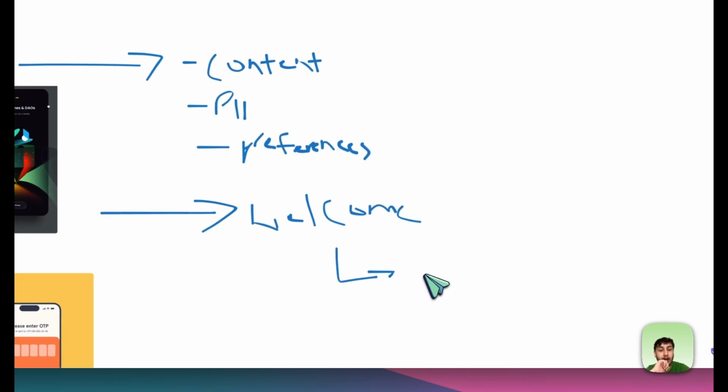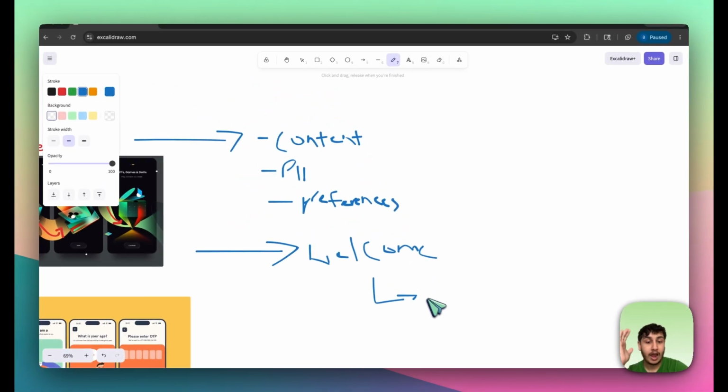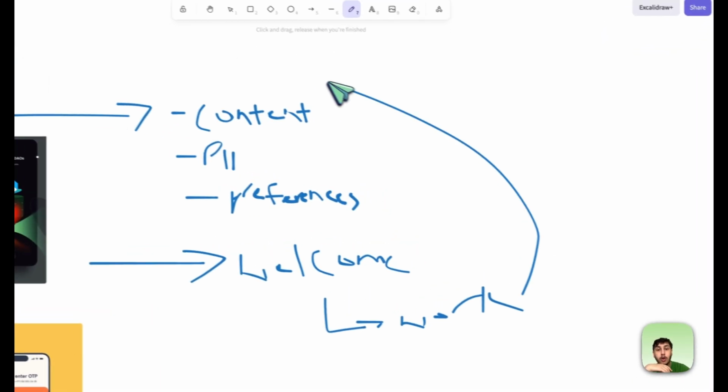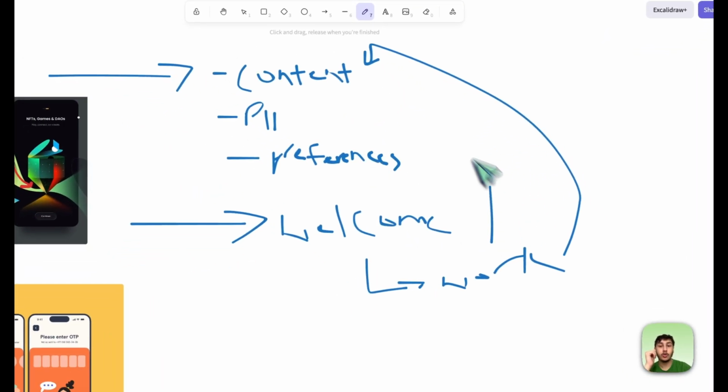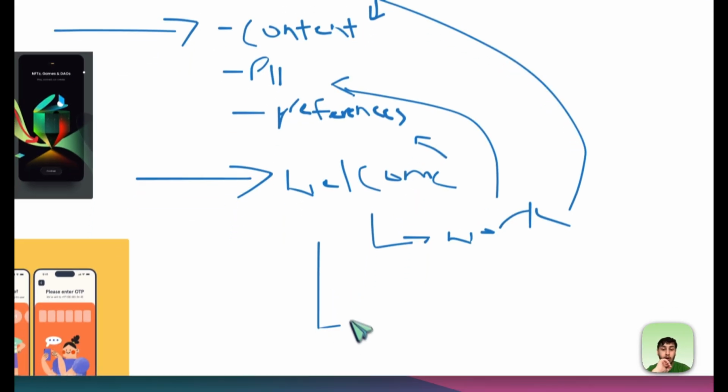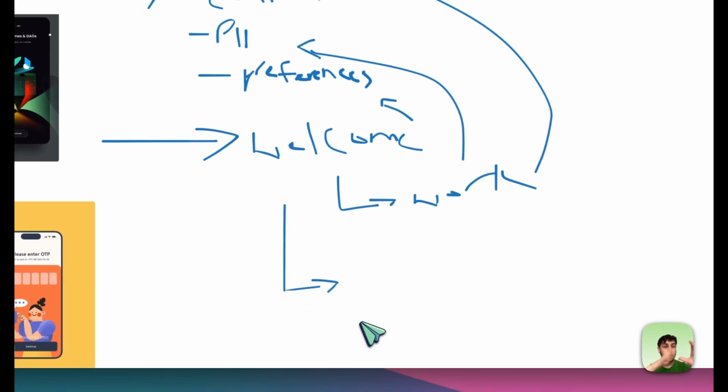I would then ideally have some screens showing how the app works and then blending it with your content. Then you go to ask for personally identifiable information if you need it, and then maybe some preferences, and then finally you end it all with a tailored personalization, and then you show them the paywall.